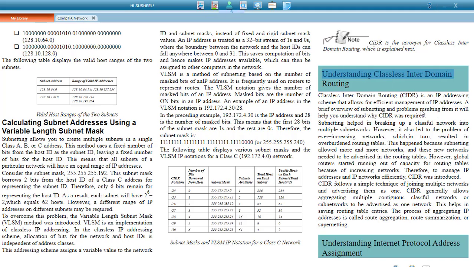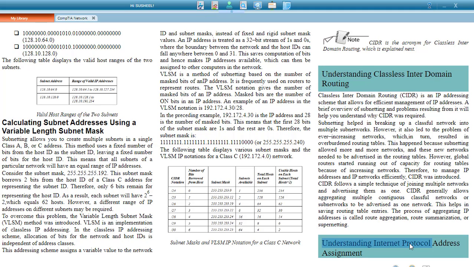Understanding classless interdomain routing. Classless interdomain routing, CIDR, is an IP addressing scheme that allows for efficient management of IP addresses. A brief overview of subnetting and problems resulting from it will help you understand why CIDR was required.